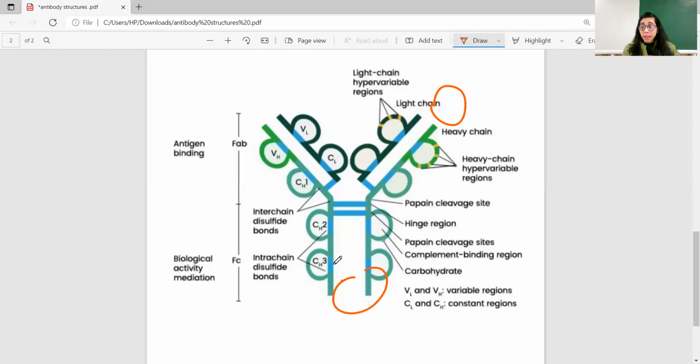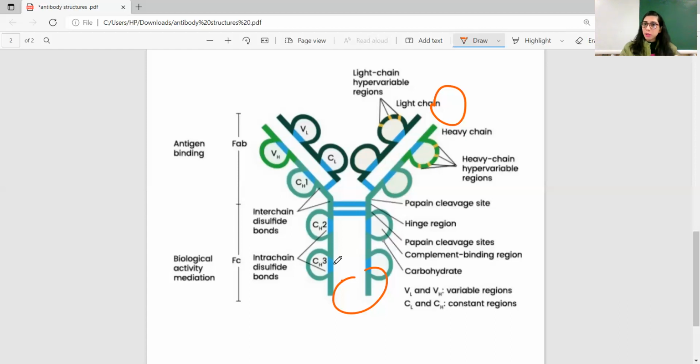Now some other facts I'm telling you about the antibodies. We all know that antibodies are present in our immune system, and the immune system is composed of some specific immune cells. Primary organs are there, secondary organs are there, primary lymphoid and secondary lymphoid organs. We know that the antibody-producing cells, B cells and T cells, are manufactured.